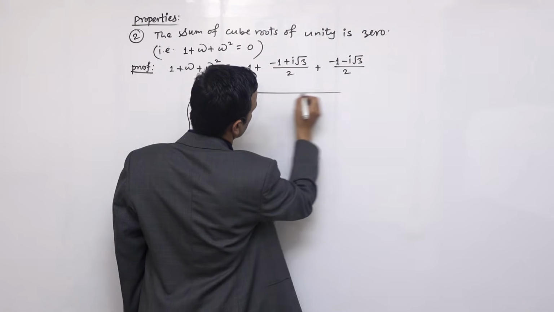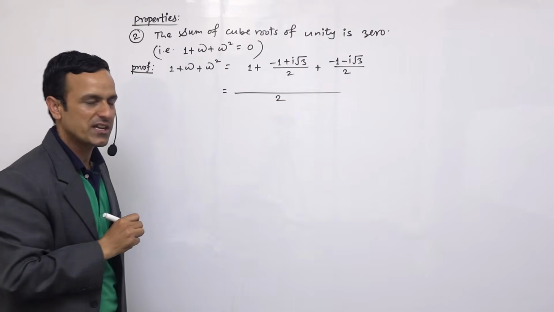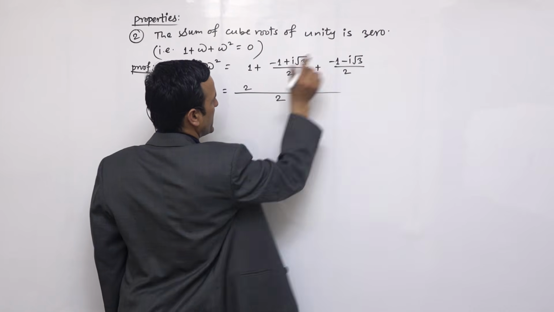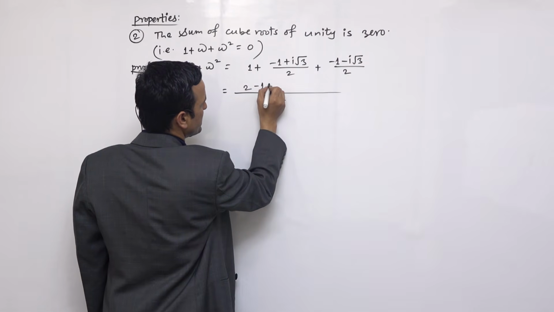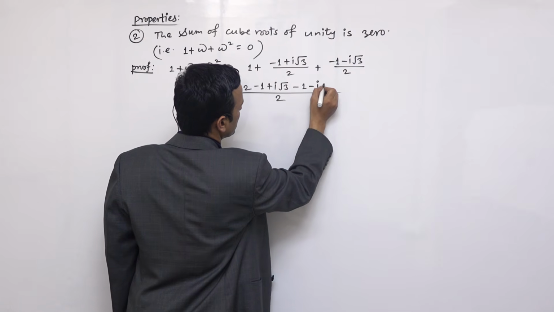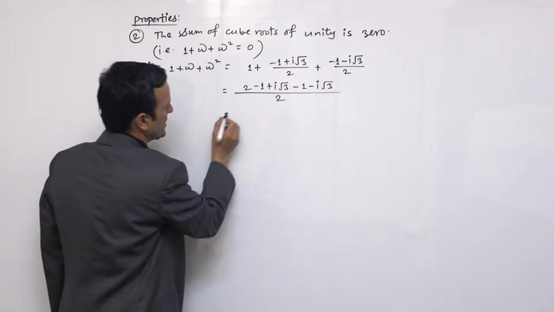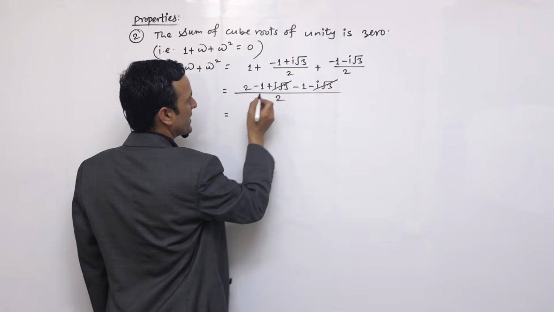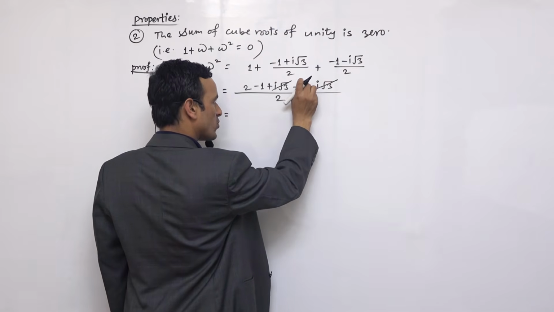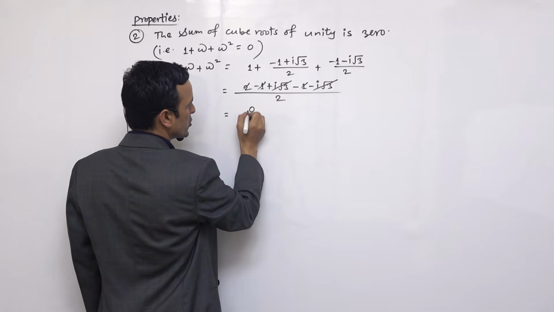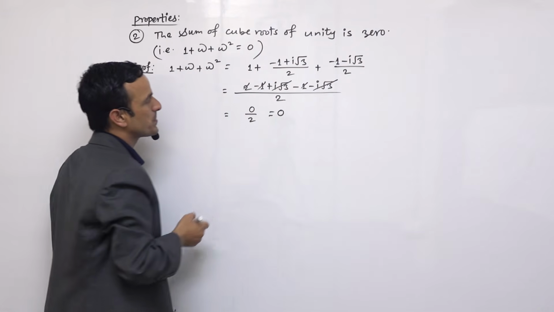If we solve it by taking the LCM, 2 ones are 2 and the numerator is the same, it remains the same: 1 plus (-1 plus i root 3) plus (-1 minus i root 3). After taking the LCM, the i root 3 terms cancel. 1 minus 1 minus 1 is minus 1, and 2 and 2 also cancel, so we get 0 by 2, which means 0.